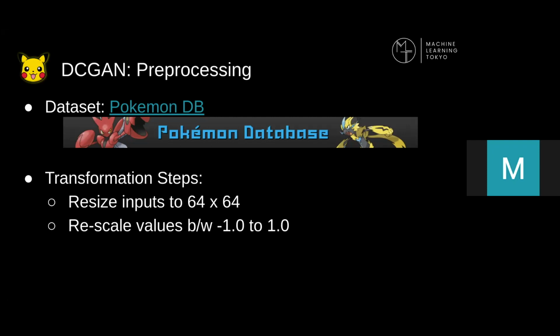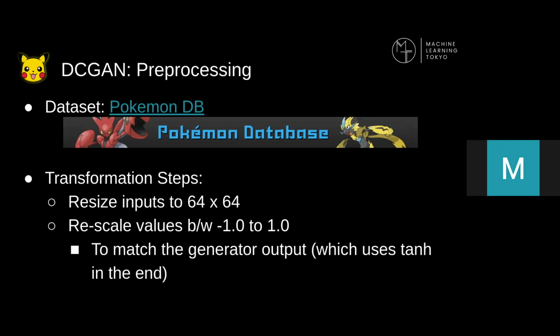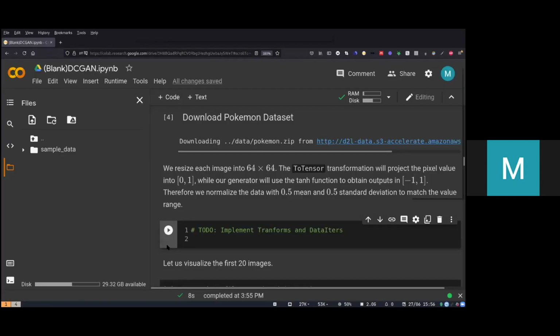So the range of TANH activation is essentially -1 to 1. Since we are going to be comparing the images being generated from the generator with the original images, we want to keep them in the exact same space, if that makes sense. Now with that, let's implement this.